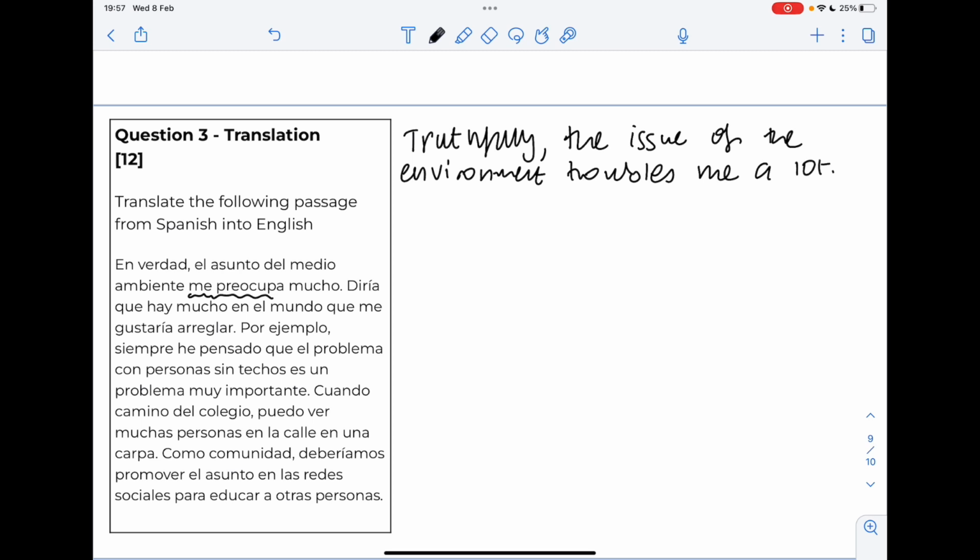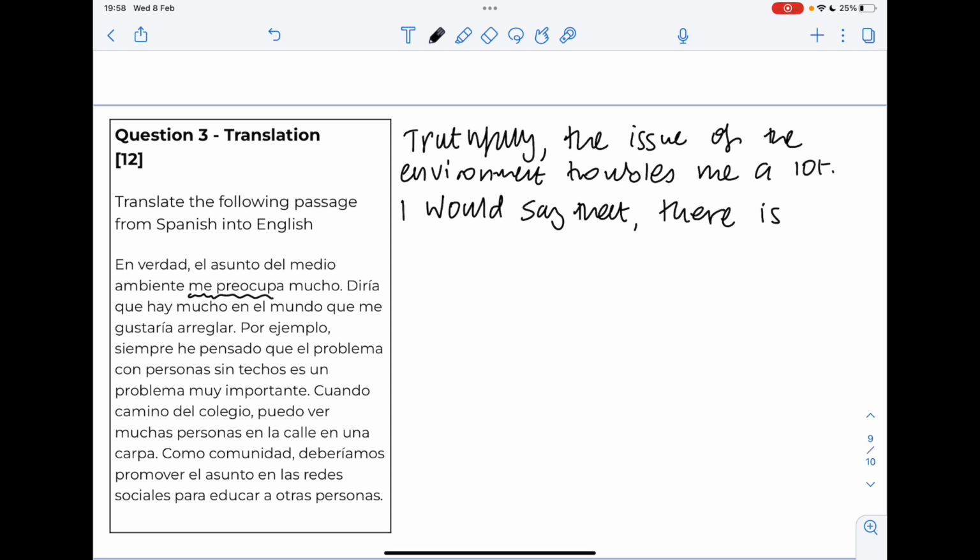Diría que hay mucho en el mundo que me gustaría arreglar. Diría que is sort of a fabby phrase. So I would say that. And then again, hay mucho, there is much or a lot. Depends which context. In this context, it's going to be a lot. Hay mucho en el mundo que me gustaría arreglar.